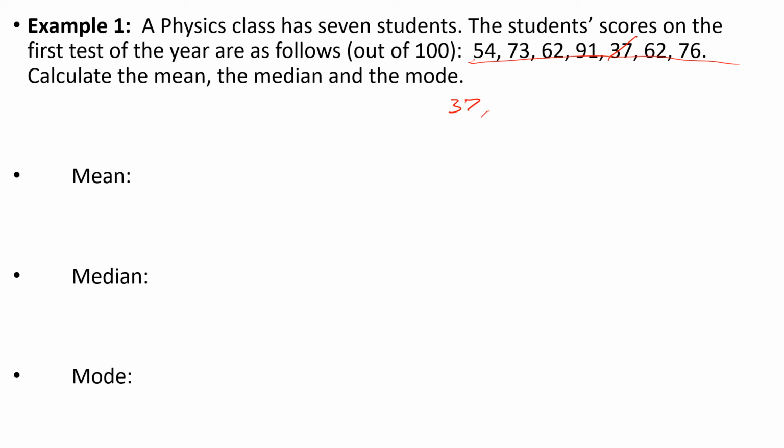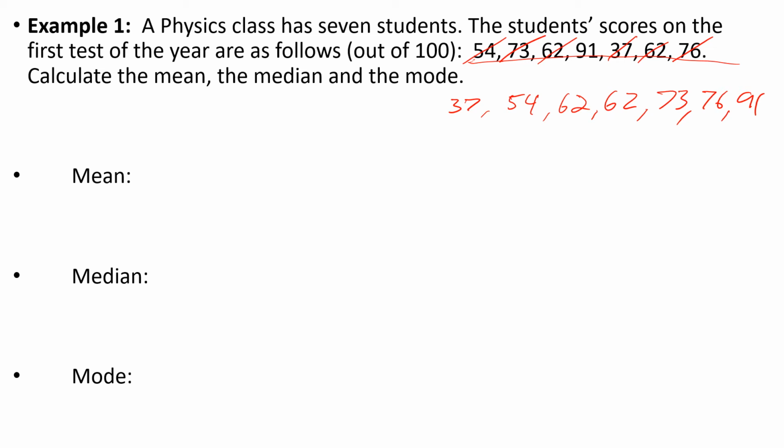Okay, the next smallest number looks like it'd be 54. The next 2 smallest numbers are 62 and 62. Okay, the next one is 73, and then 76, and then 91.